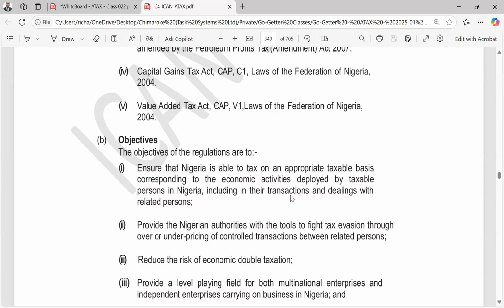Controlled transactions are those transactions that the group can control. It is not controlled by the market forces. You can control, for example, the interest rate at which you charge your management services. You can say your management fees or management services could be any amount, any percentage, and it may not be in tandem with what the market is saying.